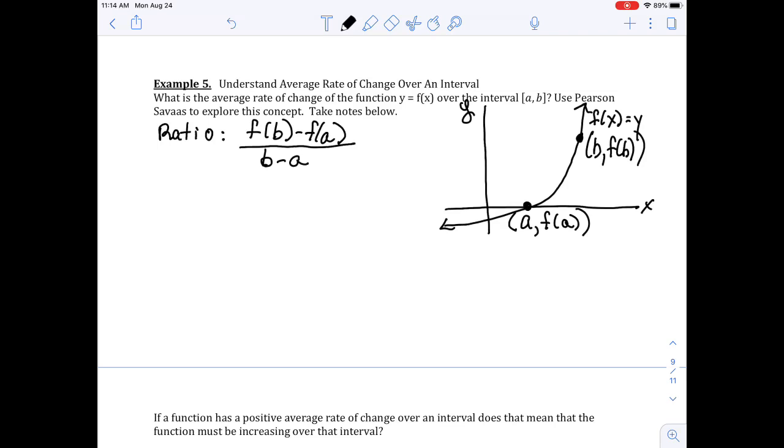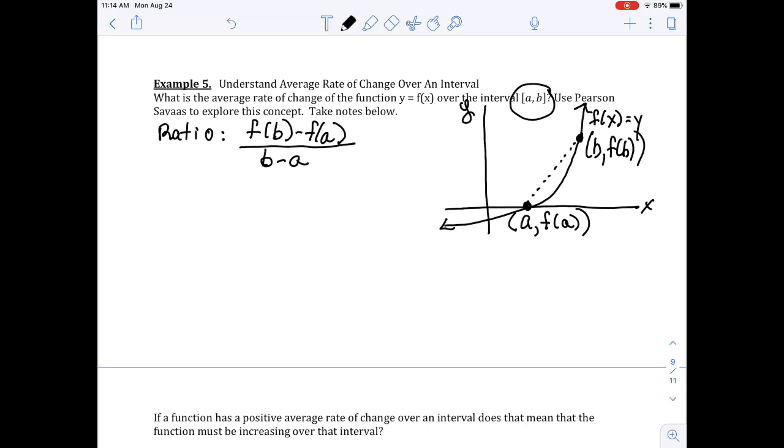This interval, if we wanted to talk about the interval between a and b. So see how it says, what is the average rate of change over the interval a b? And notice there's square brackets around it. What that indicates is that the interval starts when x equals a, and it ends when x equals b.